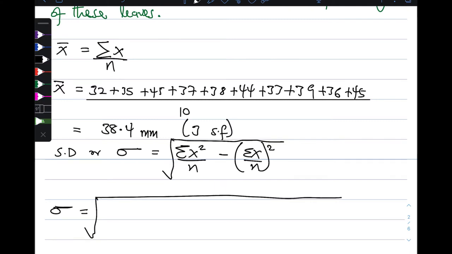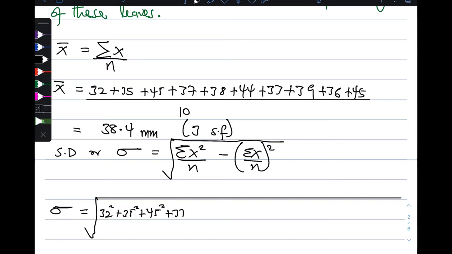Let me first take the square root of this thing. Okay, so we have 32 squared plus 35 squared plus 45 squared plus 37 squared plus 38 squared plus 44 squared plus 33 squared plus 39 squared plus 36 squared plus 45 squared.